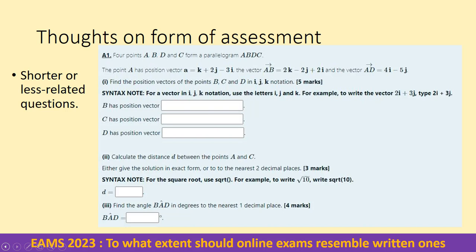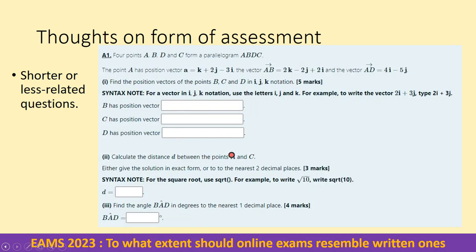So we can see here that we have parallelogram ABCD, we're given information, we're asked for the position vectors for B, C, and D, and yes, this feeds into both part 2 and part 3, but what you will notice is that part 2 and part 3 are independent.